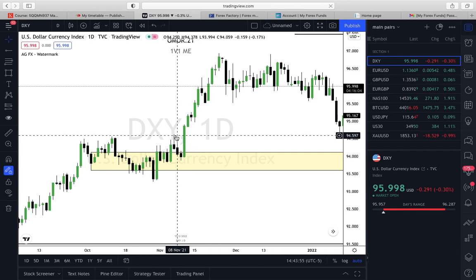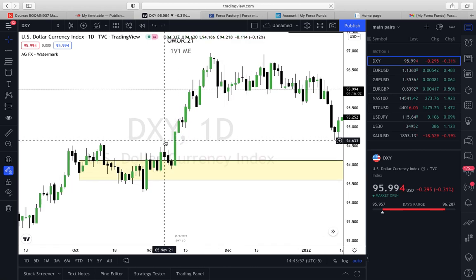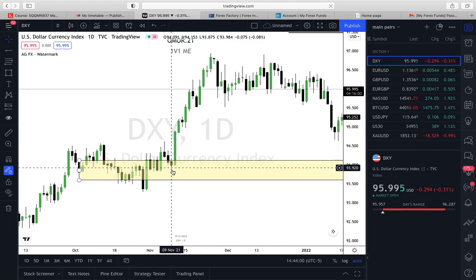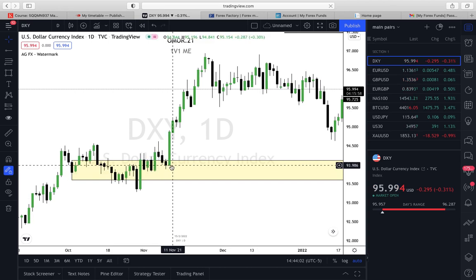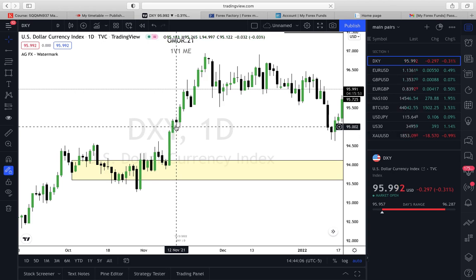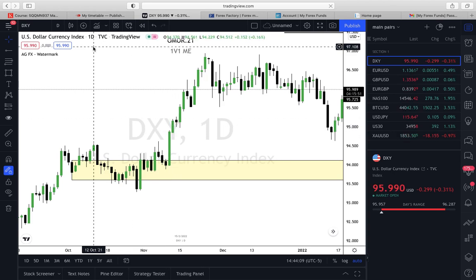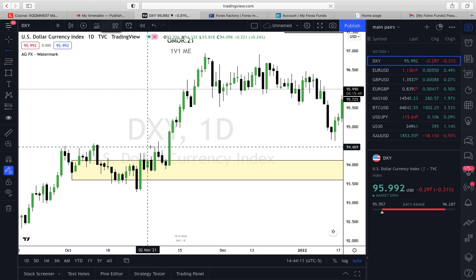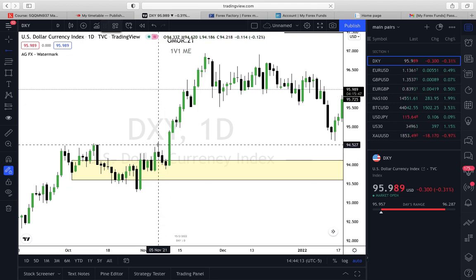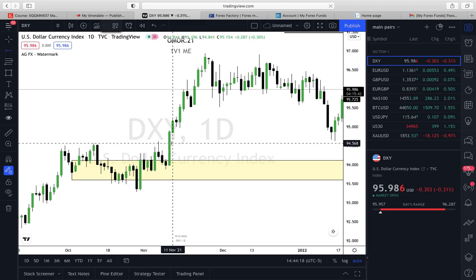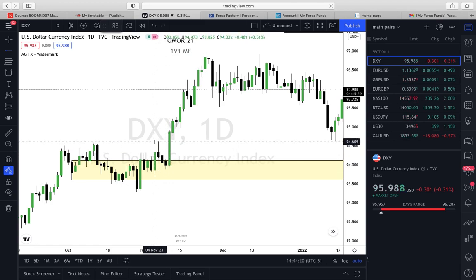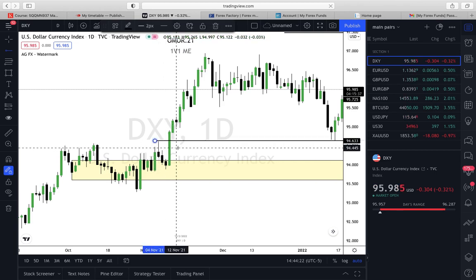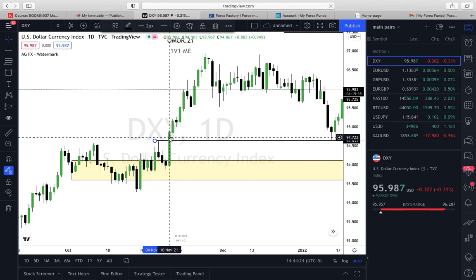So we know that there was selling from here to here. This candle was buying from here to here, and it was buying from here to here. So within this candle there was selling and buying up until this wick. But here, only buying was happening.